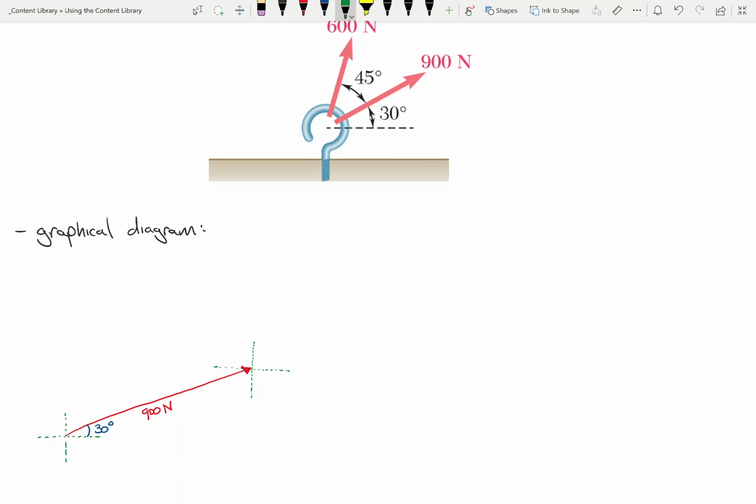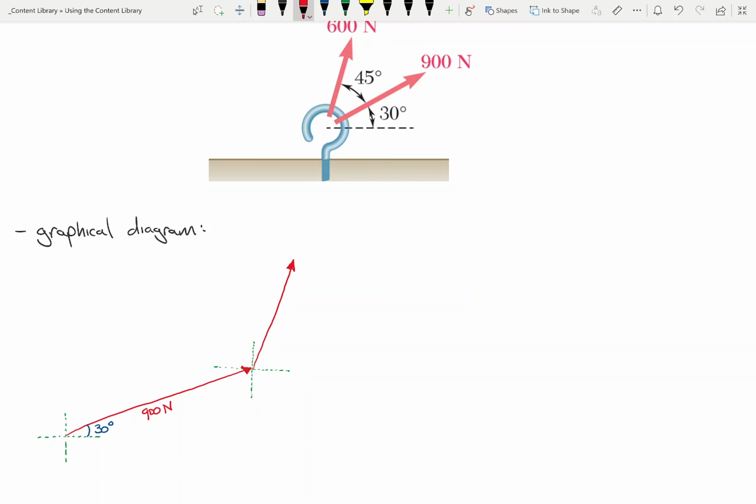Now I'm going to do the 600 Newton vector from this point. I'm trying to draw it to scale based on this diagram. It's going to look something like that, and maybe it's only about this long. I'm trying to draw it a little bit shorter than this one.